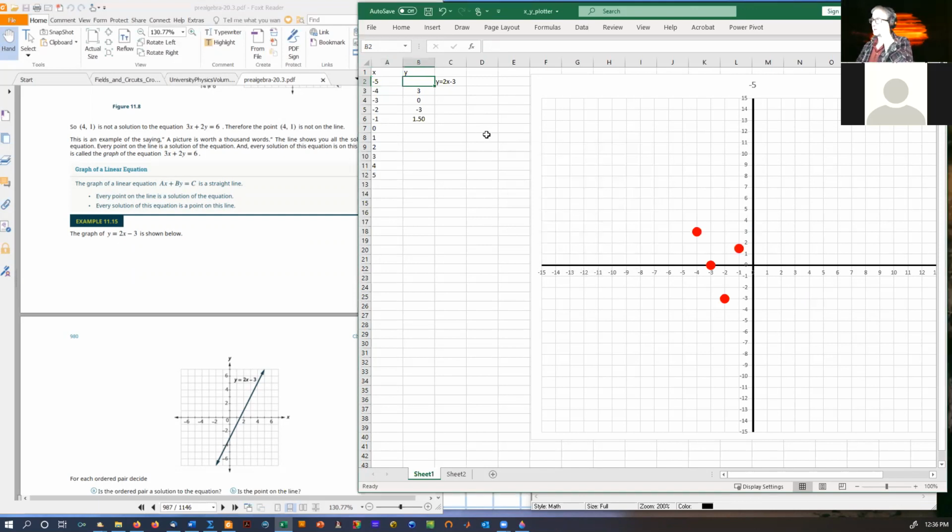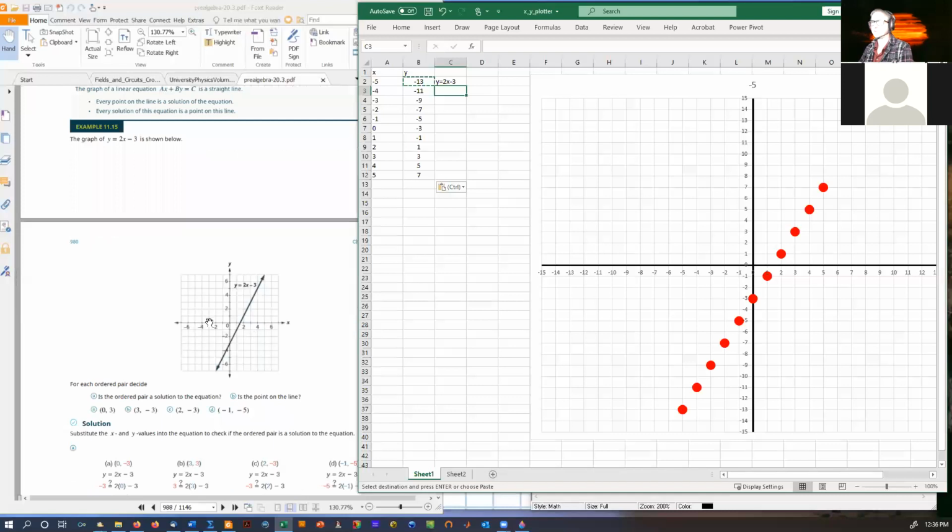And then I can say, let's let this be plus 2 times 2 minus 3. I can let the program plot this for me, and this is a straight line, and you'll see it's the same as the one plotted here, right? All of these points are points I plotted here, but everything in between, connecting these points through the center line of those, will still be a solution to this equation, right? So it's a straight line.